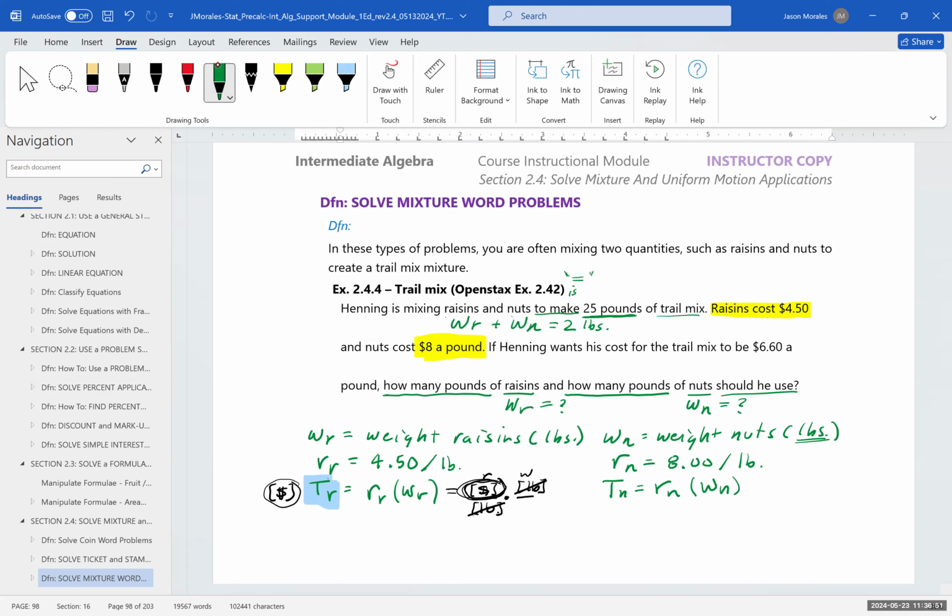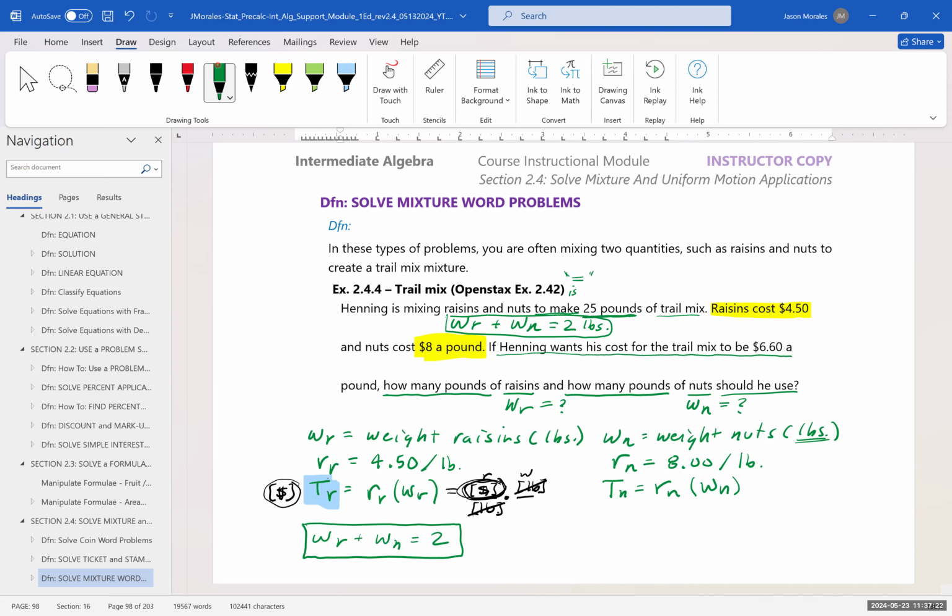Okay, let's keep going. I wrote down one of the equations we were given: the weight of raisins plus the weight of nuts is equal to 2. All right, that's one of them. Now, Henning wants his cost for the trail mix to be $6.60.